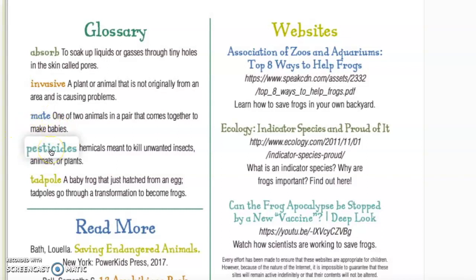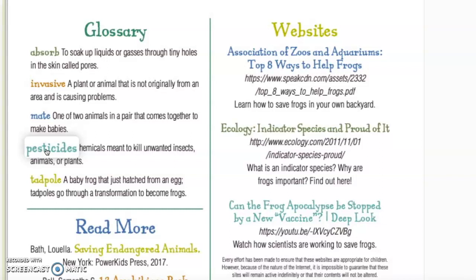Next word is pesticides. Now this is a tricky word. Pesticides are chemicals meant to kill unwanted insects, animals, or plants. Does your mom or dad garden, or maybe your grandma or grandpa, or do you see a lawn service at your house or somebody else's house?